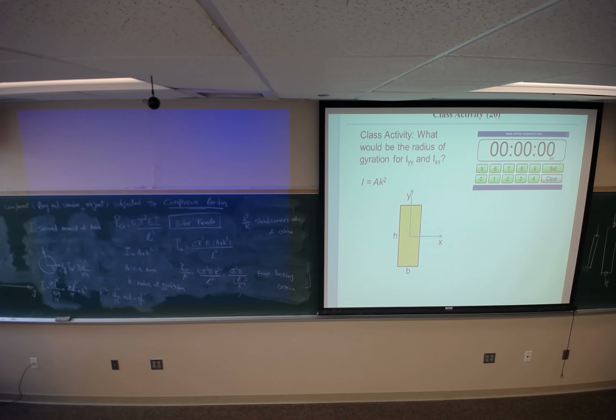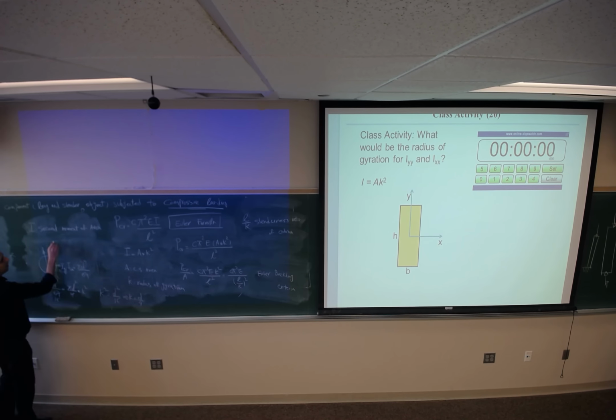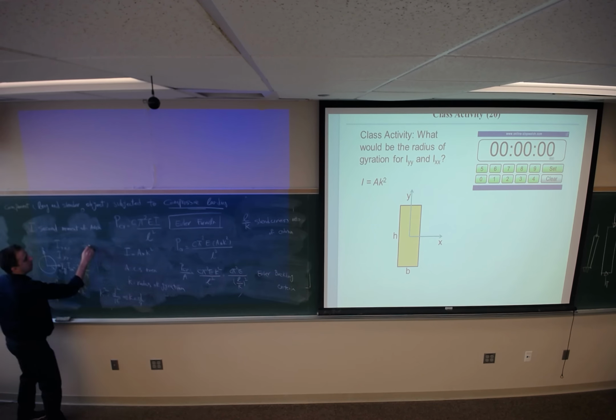So Ixx is different than Iyy. First find these two, then apply this and find kx and ky.